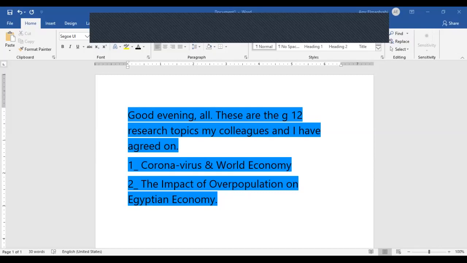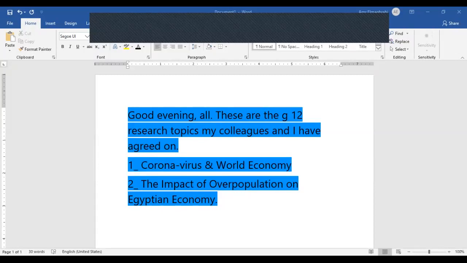These are the two research projects. Of course, I don't have to tell you that these two research projects contain some science, some English, and some math, because you can use scientific information to talk about the coronavirus. The research contains a lot of English, so you need to be very accurate when you write in English.